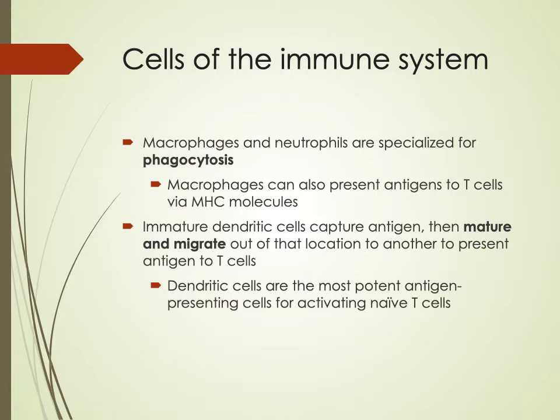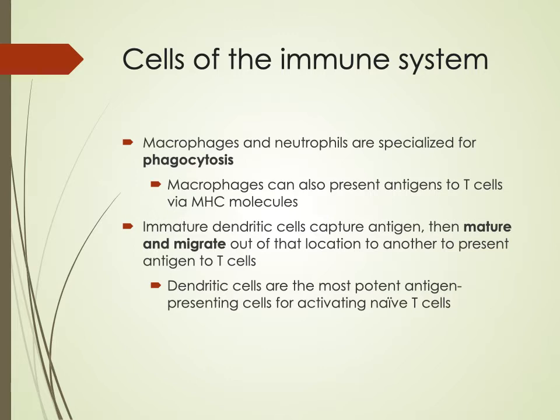Okay. Now, this digesting of the pathogen is a good thing because it's going to eliminate the pathogen, right? If the pathogen is dissolved into all these little pieces, it's no longer a threat.